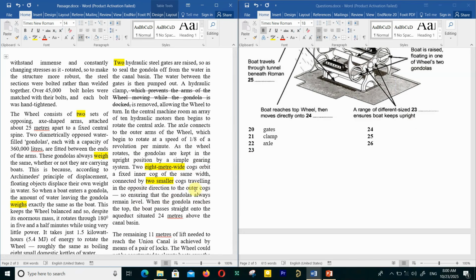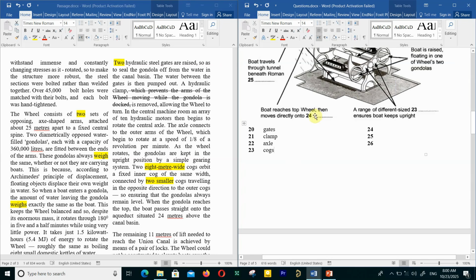"Ensures boat keeps upright": remain level means keep upright. This is the paraphrasing, and you can see two smaller or 8-meter wide cogs. So different size what? Our countable plural noun, cogs. So cogs is the right answer. Because you already knew you were going to need a plural countable noun after "a range of," this made it so much easier to find the answer.